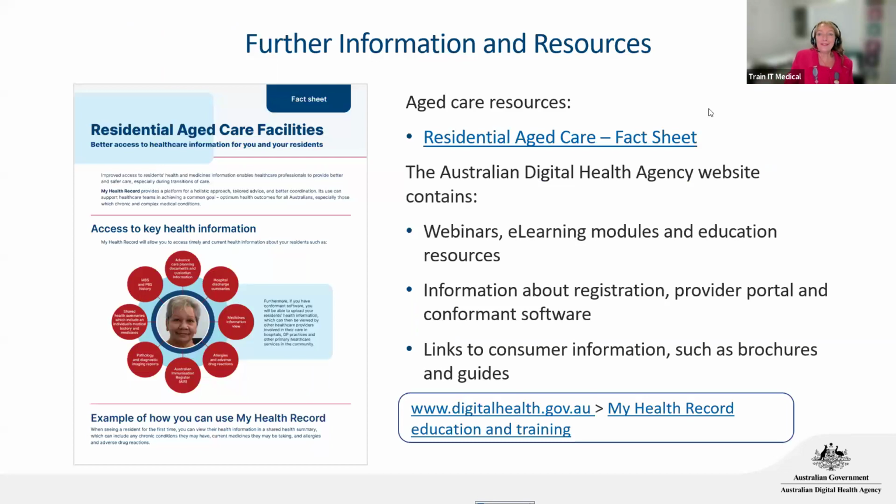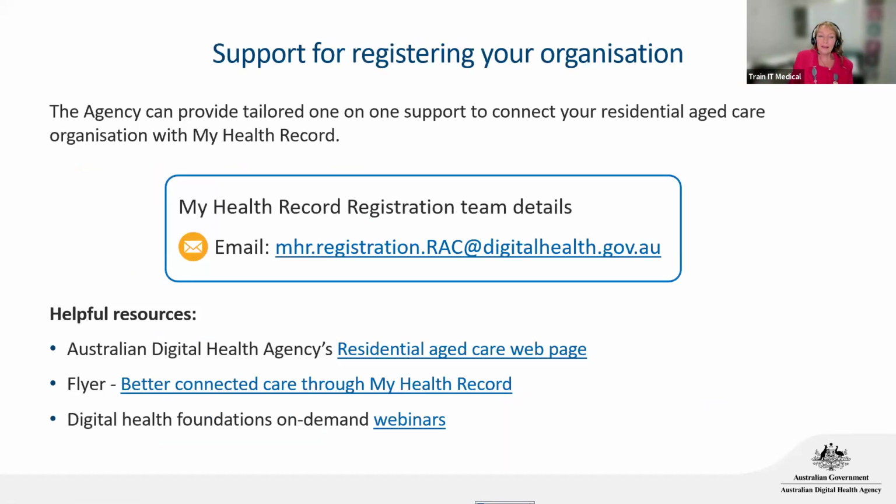Everybody wants aged care facilities connected because hospitals already are, GPs already are, pathology, radiology, dispense already working. We need aged care, right? It's such an important part of the patient's journey, and better connected care. So access this information.